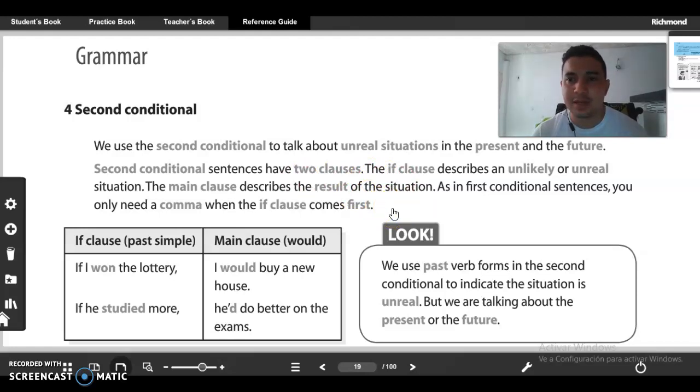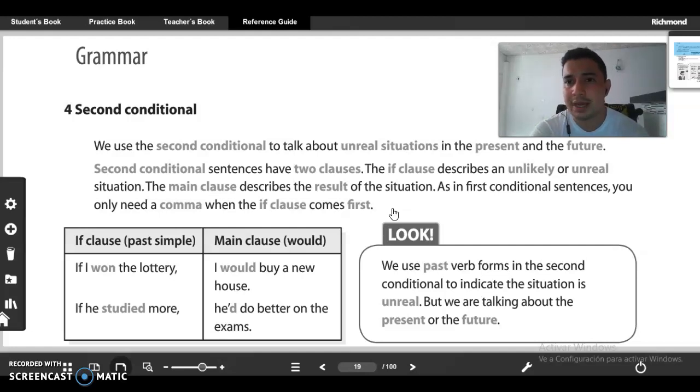Here it is very important to remember that in the affirmative form, the regular verbs add ed, but the irregular verbs, as I always told you, you have to learn them by heart. Okay, there's no other way to do it. In the negative form, remember that you are going to use did and the word not, or you can make a contraction like didn't.